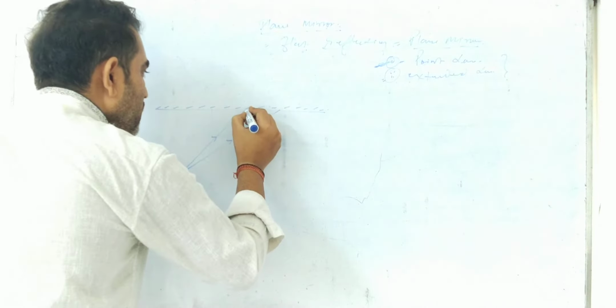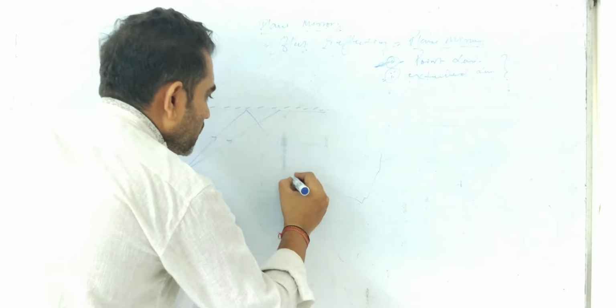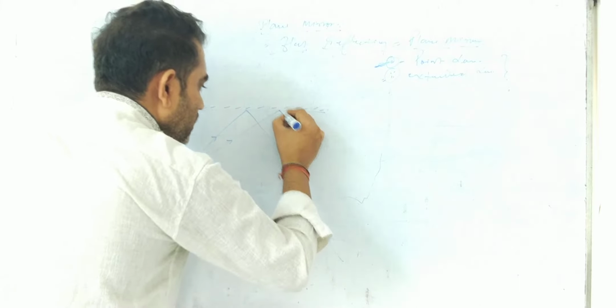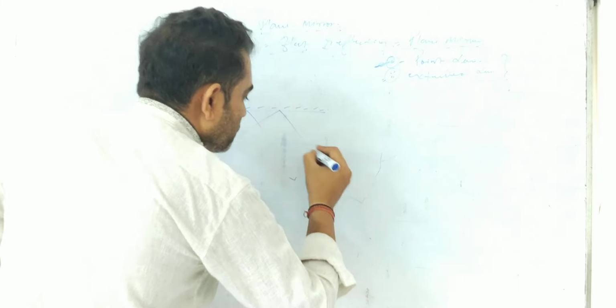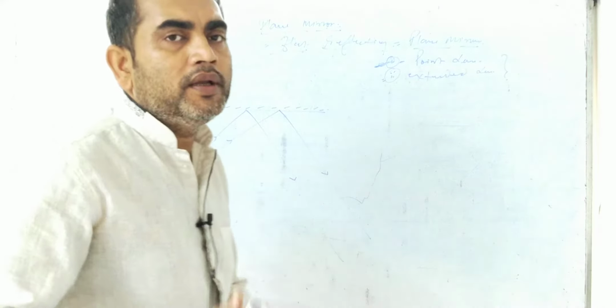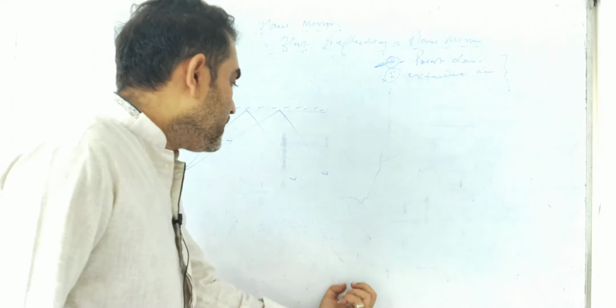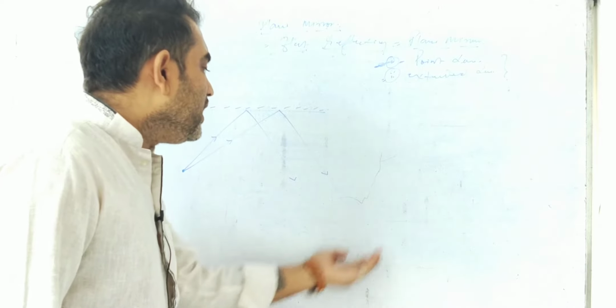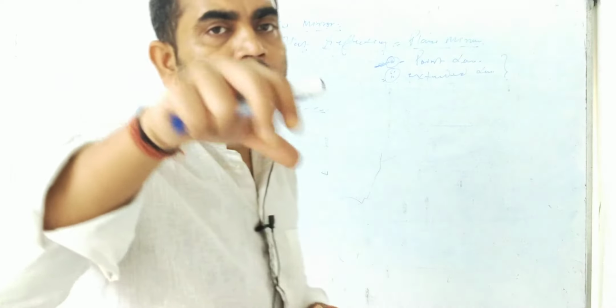Obviously the plane mirror, after reflection, they will get reflected like this one. That means in front of the mirror they will never meet each other, they will never intersect each other. That means they will never form an image in front of the mirror.